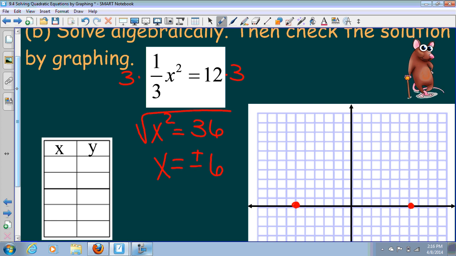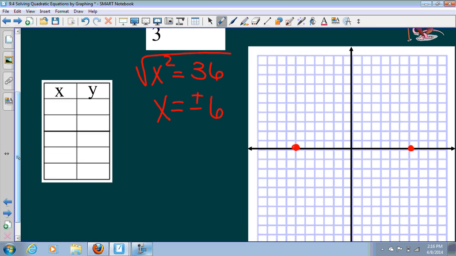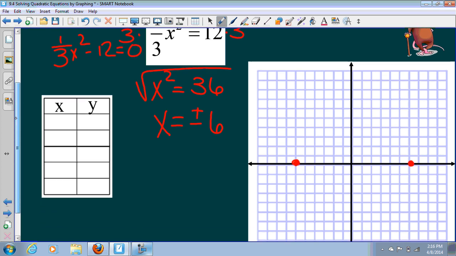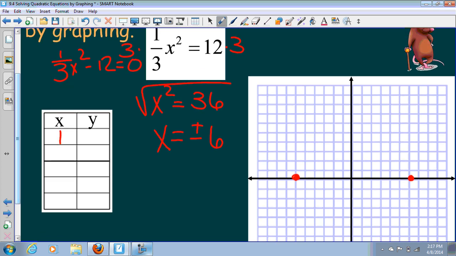So we can 1/3 x squared minus 12 equals 0. Okay? Well, let's just plug some numbers in. What if I get number 1?